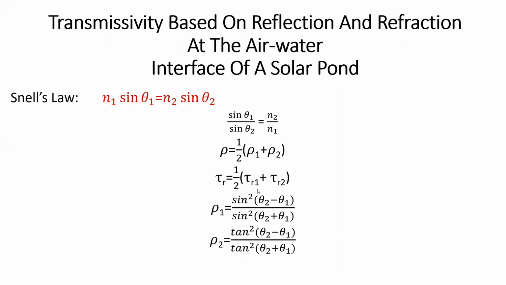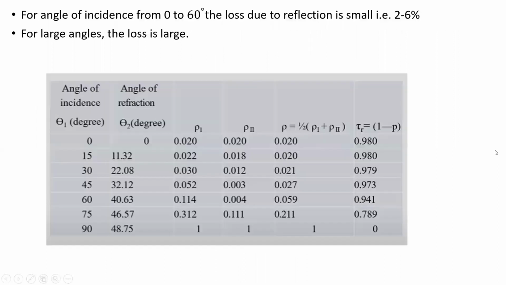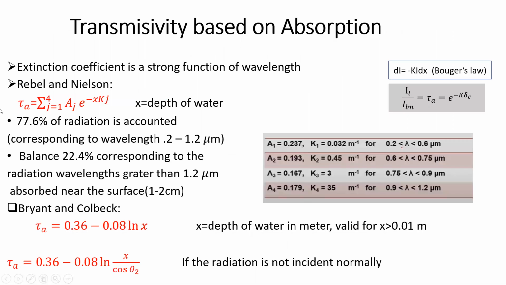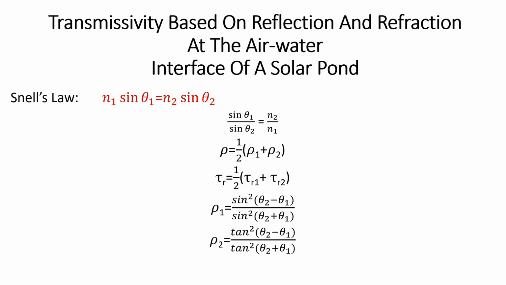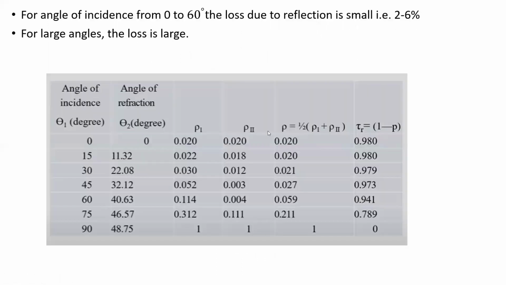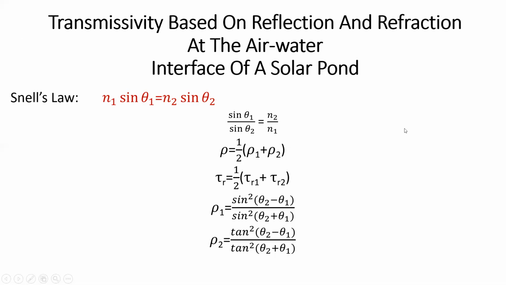Reflectivity can be calculated by rho 1 equals sine squared of theta 2 minus theta 1 by sine squared of theta 2 plus theta 1, and rho 2 equals tan squared of theta 2 minus theta 1 by tan squared of theta 2 plus theta 1. From this equation we calculate the transmittivity by tau r equal to 1 minus rho, because we calculated rho as half of rho 1 plus rho 2.